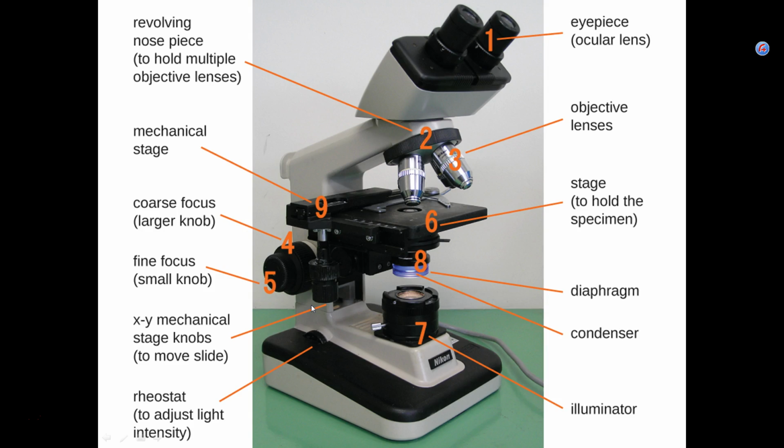Now you use only the fine focus knobs, but not coarse. Your image is going to be in kind of sort of focus, so you use fine focus knobs to adjust it just a little bit, okay? And then you can switch to higher magnification, and again use only fine focus. Why do you not use coarse focus knobs on high magnification?